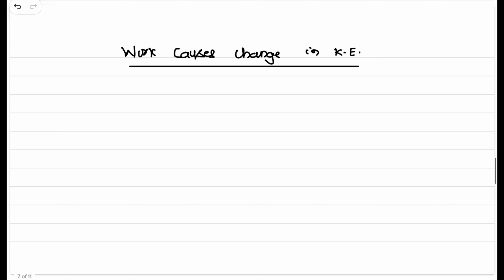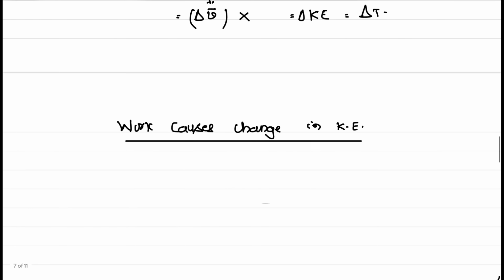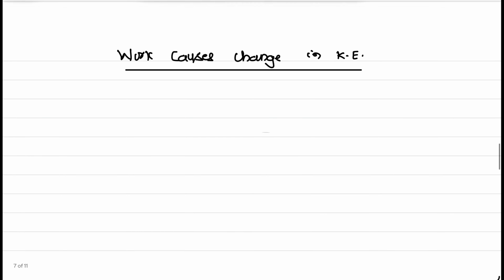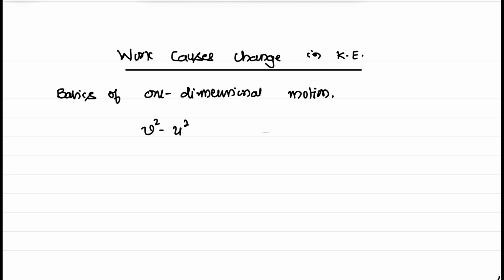That is from the basics of one-dimensional motion, V square minus U square is equal to 2AS.